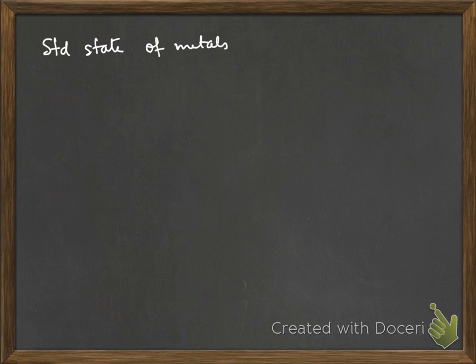How do we find metals? We find them as solids. In those conditions, metals are solids, right? So, examples, sodium, zinc, iron, and so on and so forth, right? Metals are, under those conditions, solid.